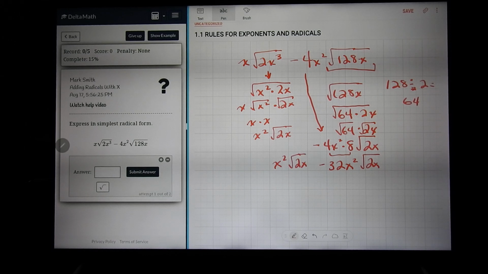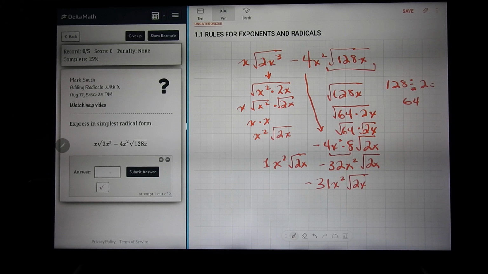So we have 1x squared here, and we have 32 there, so that's going to be minus 31x squared square root of 2x.